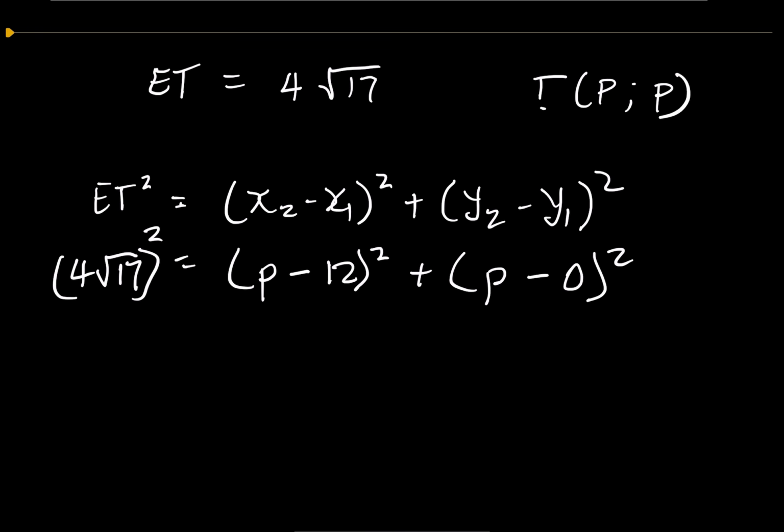And what do we get? I get P squared minus 24p plus 144, plus P squared, and this equals 4 root 17 squared.